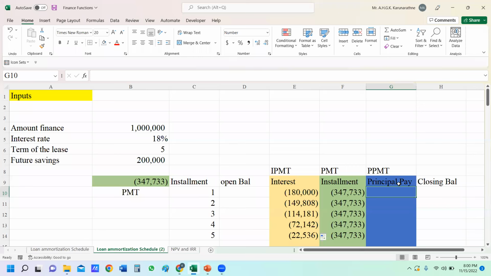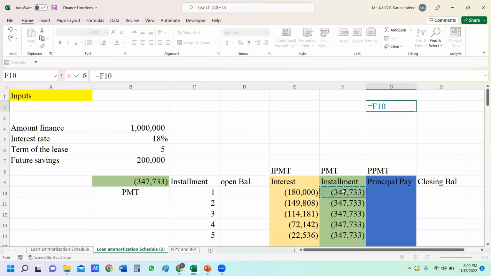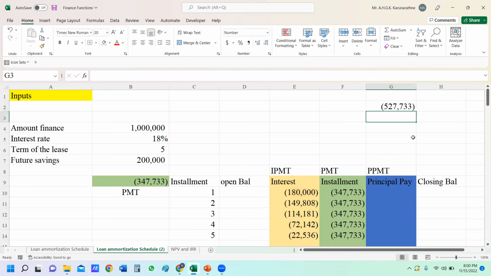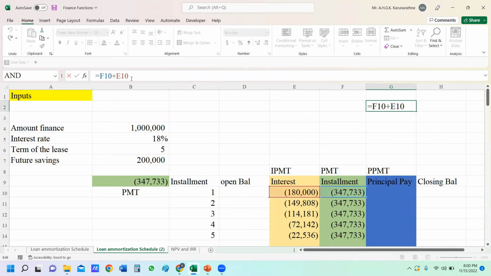Actually, there's no point getting the principal payment from the PPMT formula, because if you know the installment and the interest, the principal payment is simply the difference between these two. අපි මෙතන හදලා පෙන්නමු. Principal payment කියන්නේ installment එකට අපි plus කරමු, මෙයා minus නිසා.